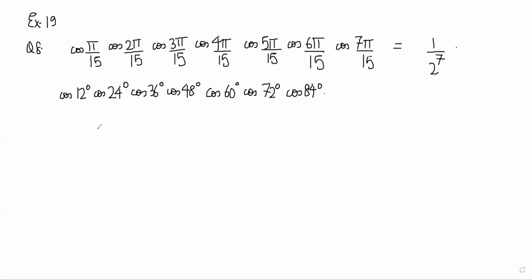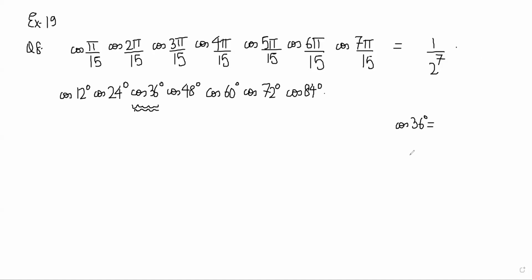Now, out of this, you should know the value of cos 36. Do you know cos 36? You have to remember one angle of 18 degrees and one angle of 36 degrees, either sine or cos.